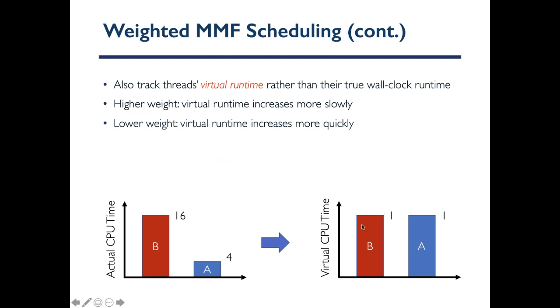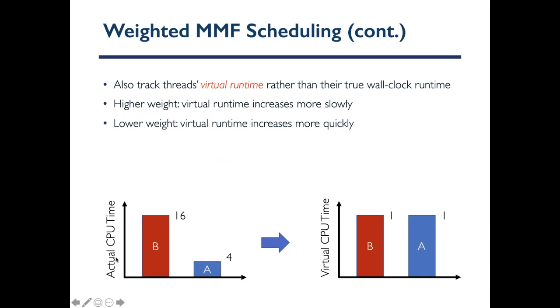So this is actually called the virtual time. Let's say the ratio between A and B's weight is 4. For simplicity, let's say A's weight is 4 and B's weight is 16. Then I can just divide B's actual time on CPU by B's weight, and I get a virtual time on CPU, which is 1.